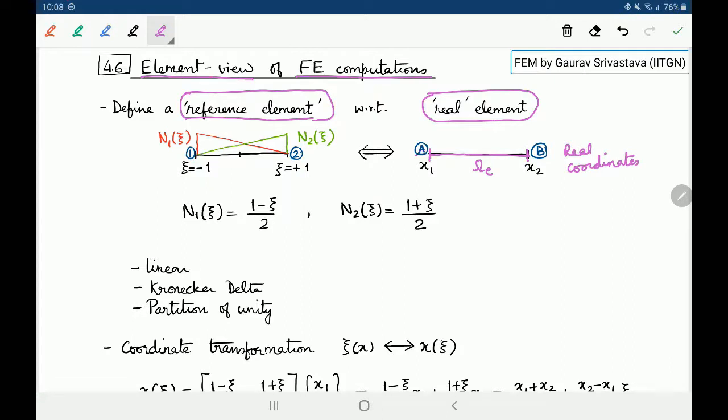And by real, what we mean is that this is the physical space where the body being analyzed is actually lying. And we define a reference element in something called a reference space or a reference coordinate space, which in this case we are denoting by the Greek letter psi.